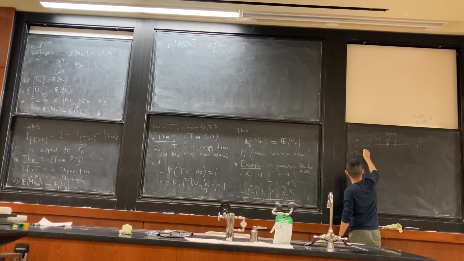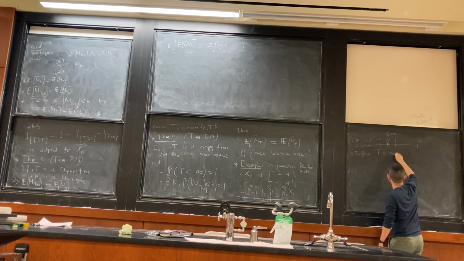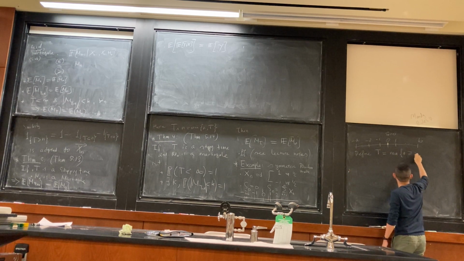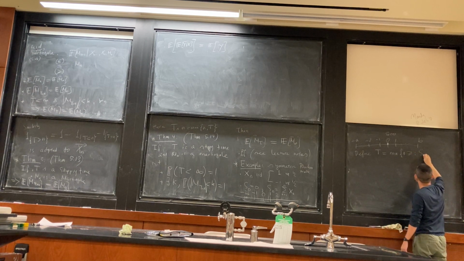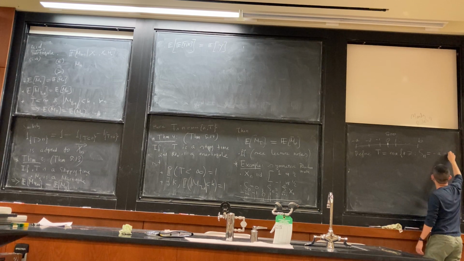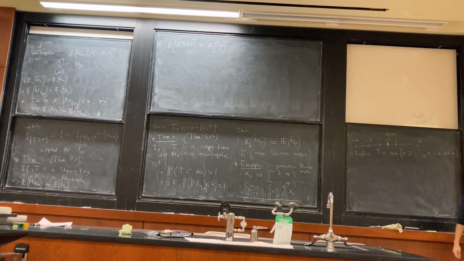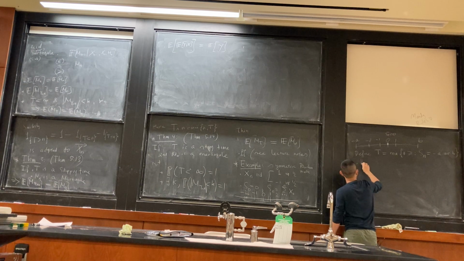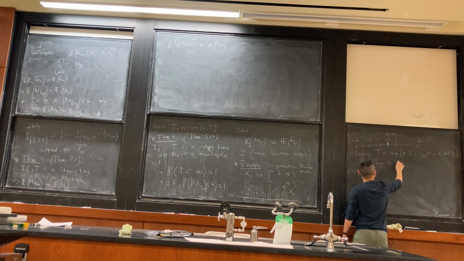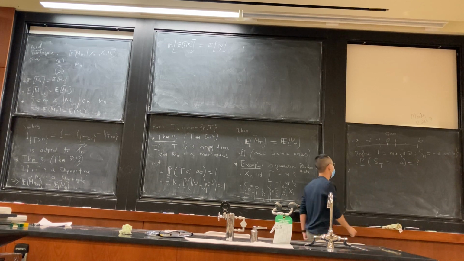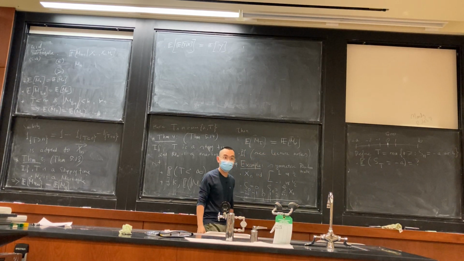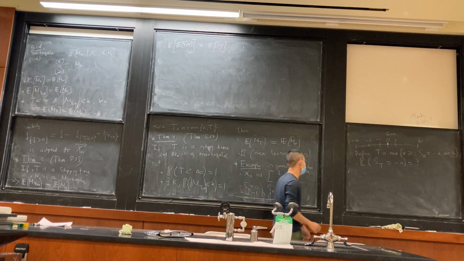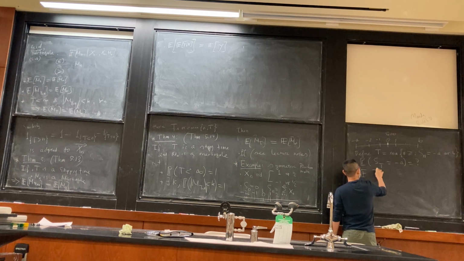Define T as the first time we hit the barrier, so S_n is either negative A or B. Starting from 0, the first time I hit either negative A or B. First, I want to know the probability that S_T is equal to negative A. So what is the probability I will hit negative A before I hit B? Second, the expected value of T.